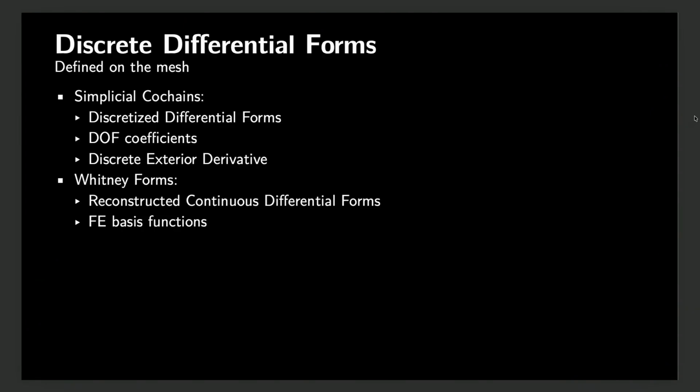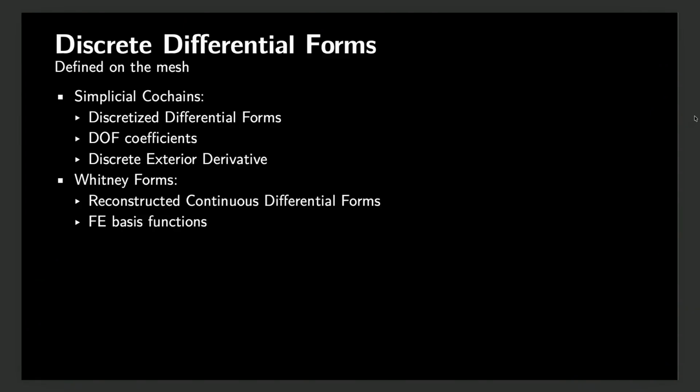The cochains are really the primary discrete objects. They're not differential forms in the original sense. They're a completely different object. They're basically just functions on the simplices. And so they're basically computationally just a list of numbers. But you can compute the discrete exterior derivative on them.